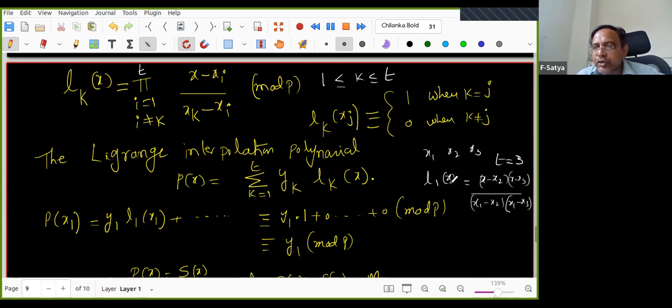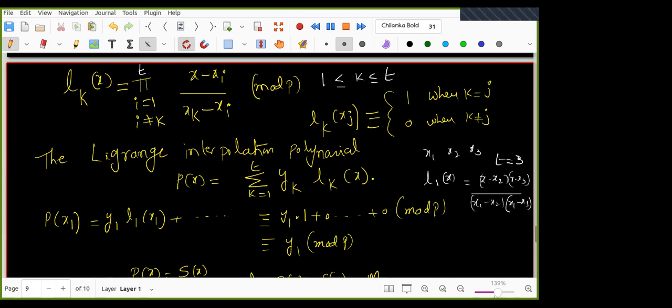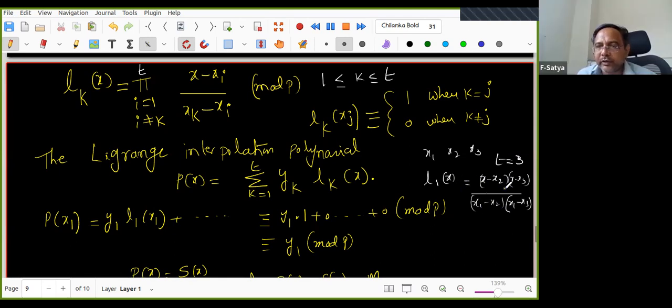What is L1 of x2? This is 0. This part is constant, but here the only variable is above. So L1 of x2 is 0, L1 of x3 is also 0, right? Like that, Lk of xj is equal to 1 if k equal to j.